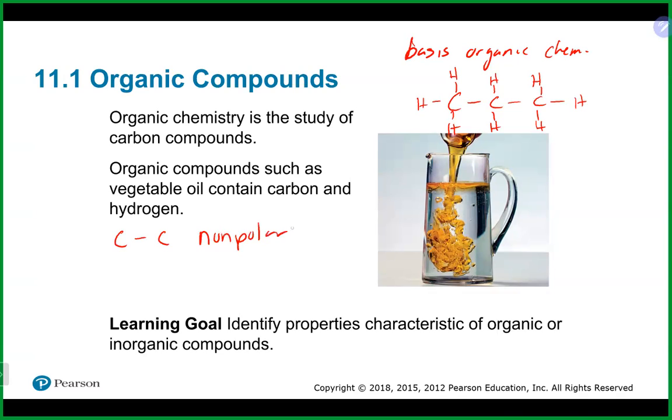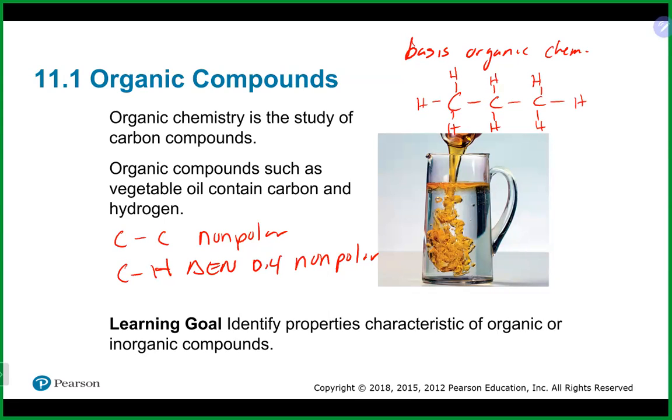The carbon-carbon bond is non-polar, as the atoms share the same electronegativity value, like we talked about when we were doing bonding. Also, the carbon-hydrogen bond has a difference in electronegativity of about 0.4, which is pretty much the cutoff for a non-polar bond. So most organic compounds are going to be non-polar.